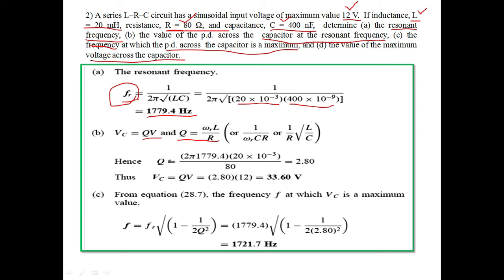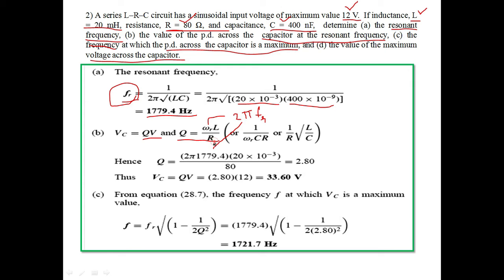Hence Q is equal to omega R, which is equal to 2 pi Fr, and this value will be substituted here.